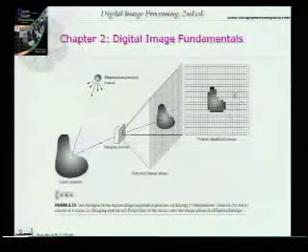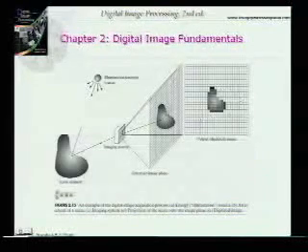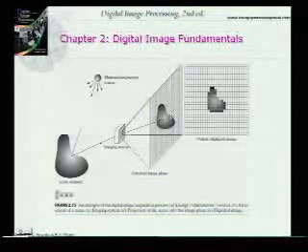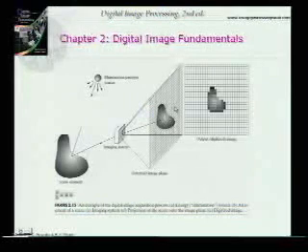So this output image is digitized in two ways, right? One of them is there's finite size pixels here. Therefore, you're doing spatial quantization, the same way as if you have a time signal and you sample it, you're doing temporal sampling. Here you're doing spatial sampling. And the second way is that each of these, let's say, CCD sensors quantizes the amount of light that it's hit with to a finite number of levels.